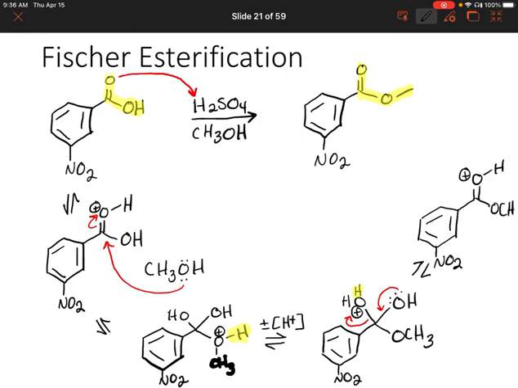But now notice that we almost have an ester there. We have OCH3 on the right-hand side instead of an OH group. So in this last step, we're just going to remove that proton from the positively charged oxygen, and that will give us our ester group on the benzene ring.